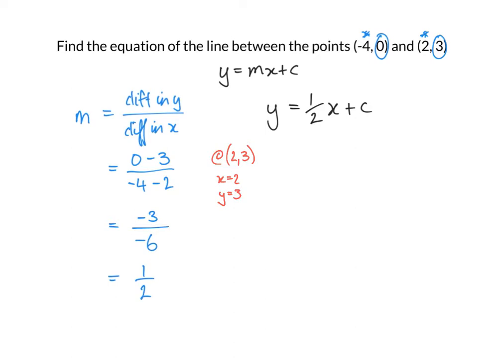So the y value 3 is equal to half of the x value, where the x value is 2, so half of that is 1, plus c. And so we can turn that around to find that c equals 2. So we found m is a half and c is 2. So the last thing is to write the equation of the line: y equals, instead of mx we've got a half x, and instead of plus c we've got plus 2.